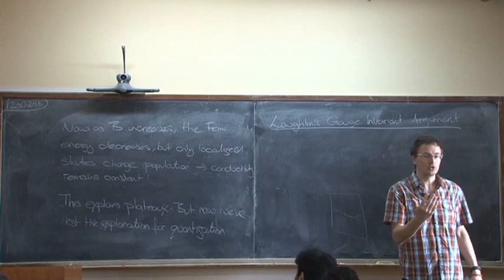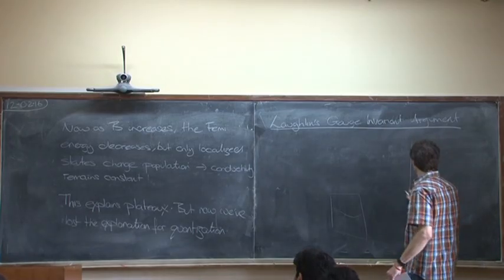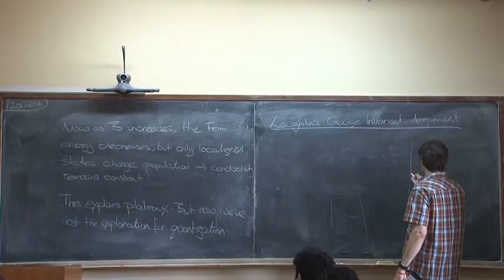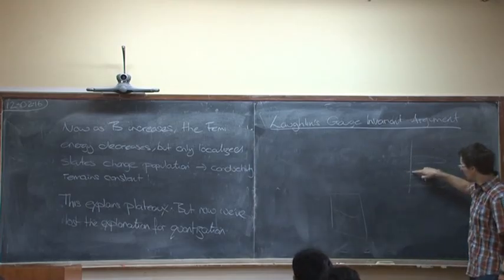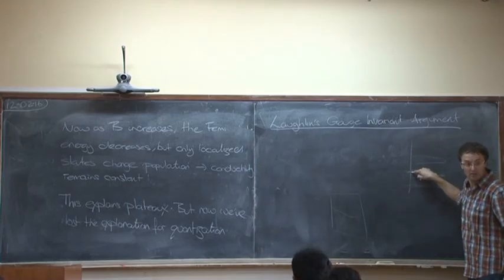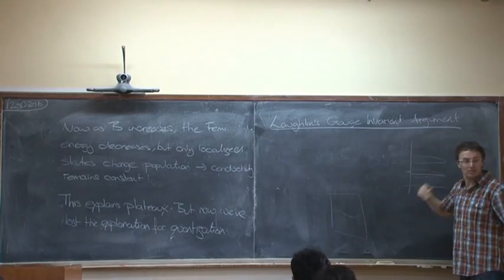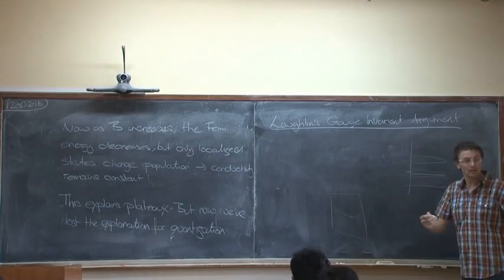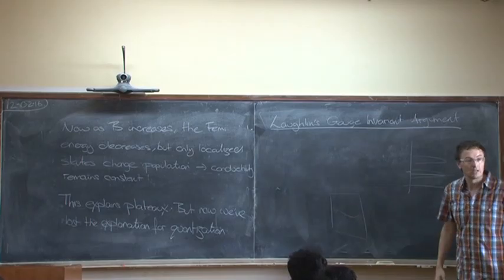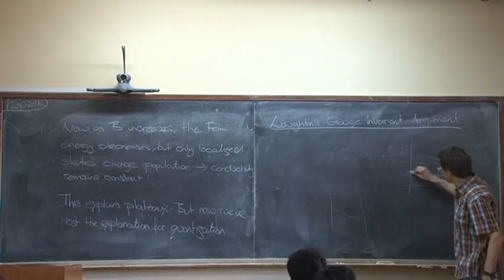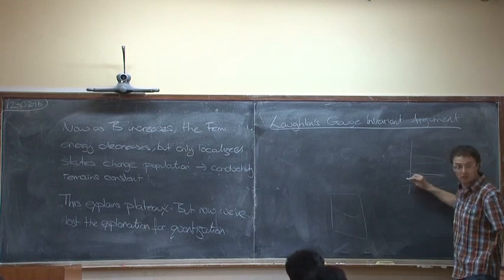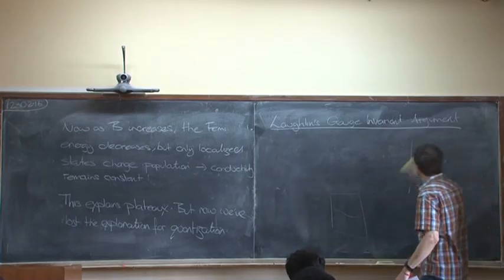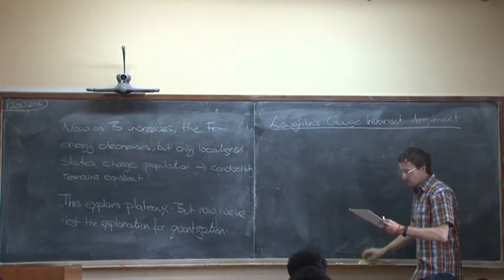So the question is now, why would you expect that to change? So suppose your Fermi energy is here. That's when you're on a plateau, when the Fermi energy is buried in the localized states. So these extended states, I think the same argument holds. The part between the plateaus is when the Fermi energy lies within the extended states. So the number of extended states is changing.